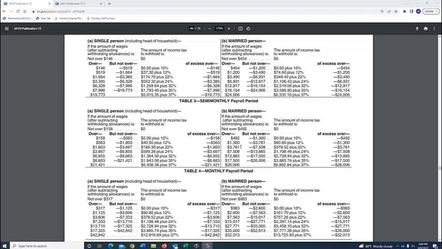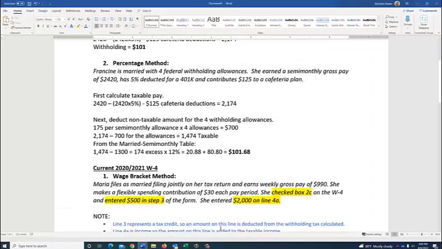In this table, you're given the tax on the $1,300 already, the $80.80. So what we need to do is calculate the tax on the amount of our pay that went over $1,300. So we are going to multiply that excess by 12%. So let's go back over to our problem and look at that calculation.